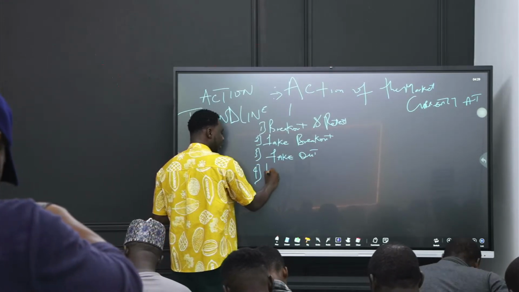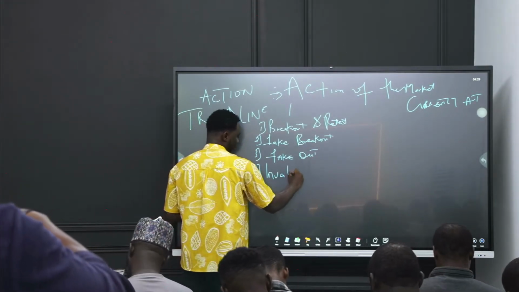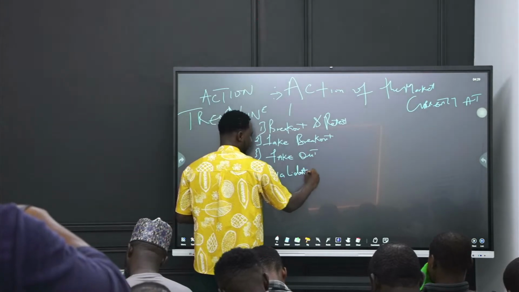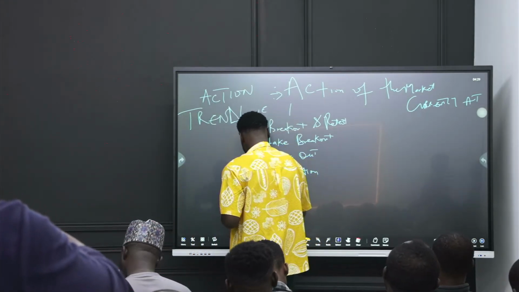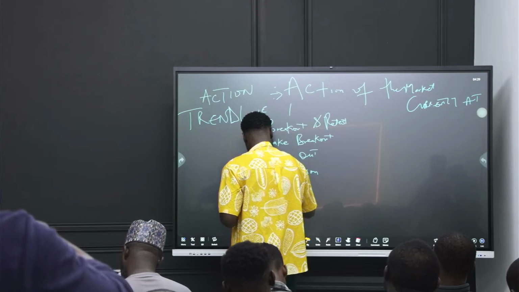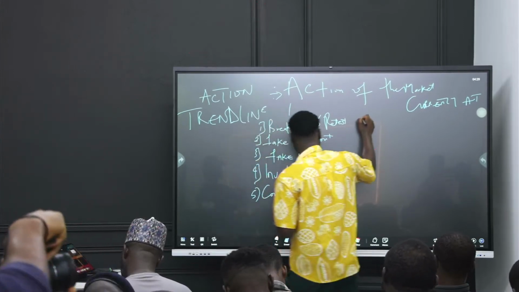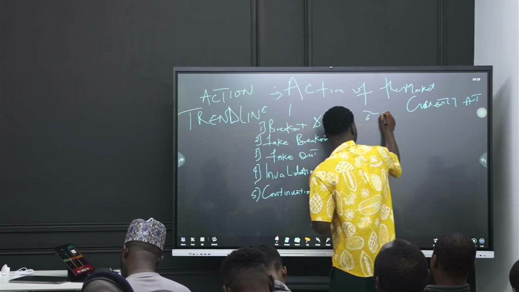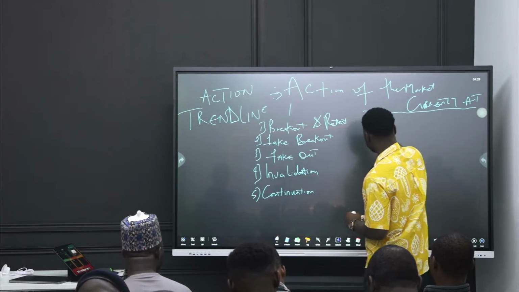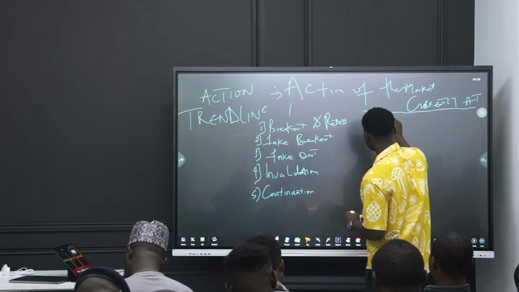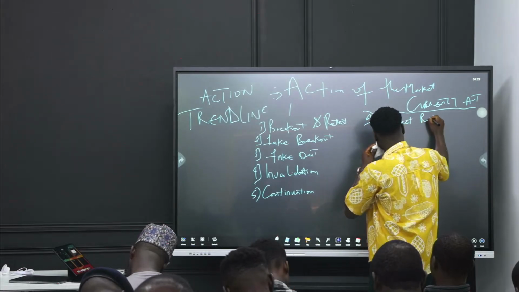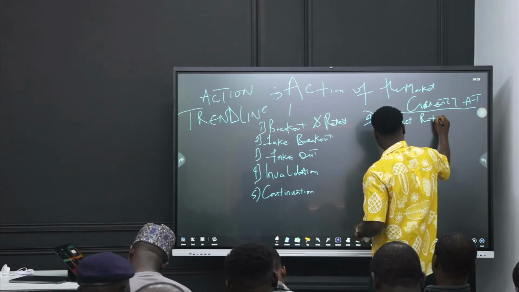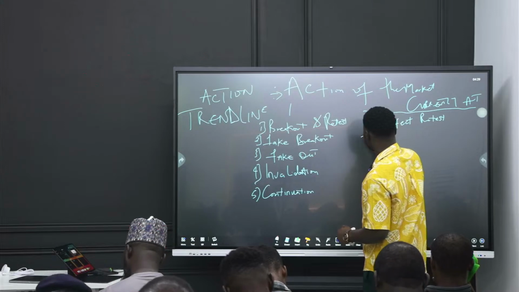Another action is an invalidation. Another action is a continuation. Another action is an imperfect retest. Another action is an incomplete retest.